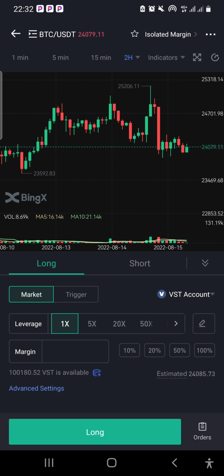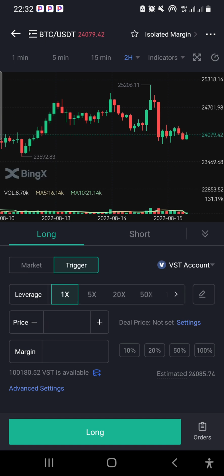Now we have two types of order: market and trigger. The market is market execution, that is you want to buy or sell at the market price, while the trigger is limit orders. You input the price you want to buy.